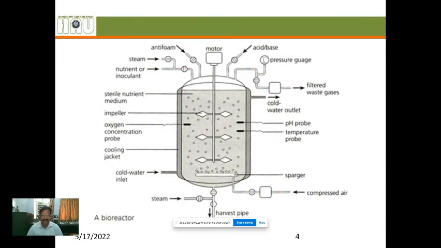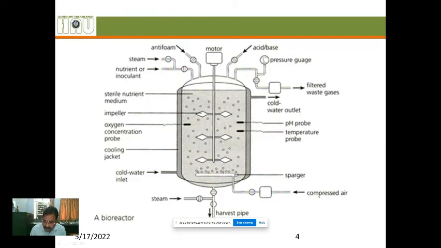So this is a generalized, or you can say an ideal fermenter, with the different accessories related to it. You can see here, this is an overall fermenter. There's a vessel. There is a motor fitted with a shaft, and it is responsible for rotating the impeller, or you can say agitator.